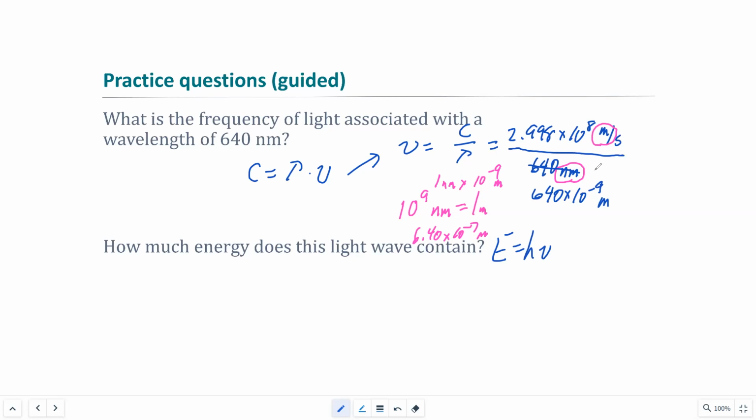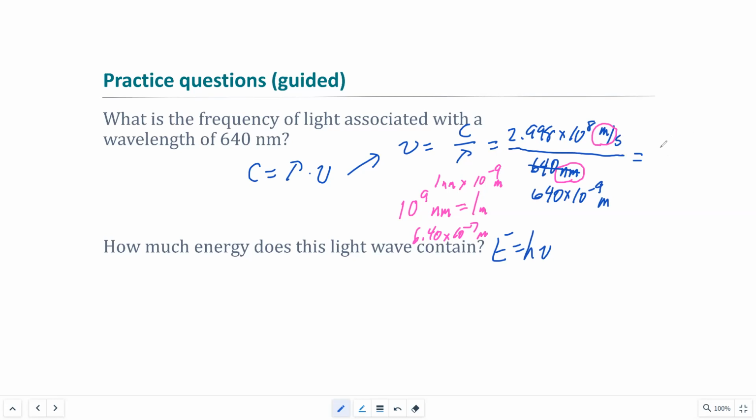Now, granted, we know that this is not proper scientific notation, but we're plugging this into our calculator, and our calculator actually doesn't care if it's proper scientific notation or not. It's going to automatically convert it to whatever is the correct form anyway. So if I do this calculation, I'm going to get 2.998 times 10 to the 8th divided by 640 times 10 to the negative 9th.